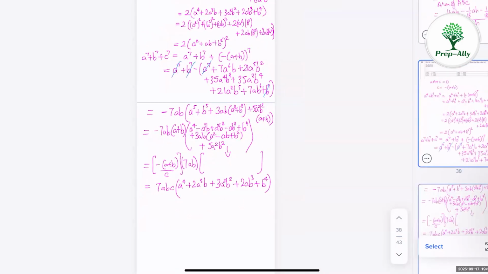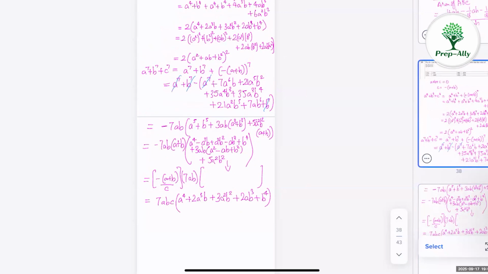And we've already seen this somewhere, right? This is nothing but this. So we have this is equal to 7abc into a square plus ab plus b square, the whole square, right?